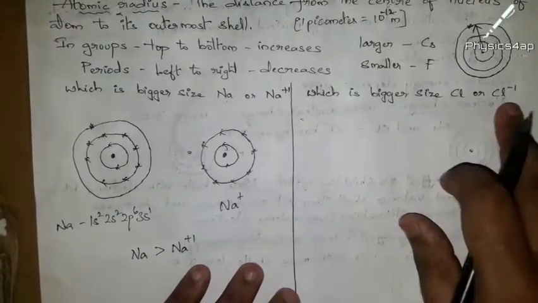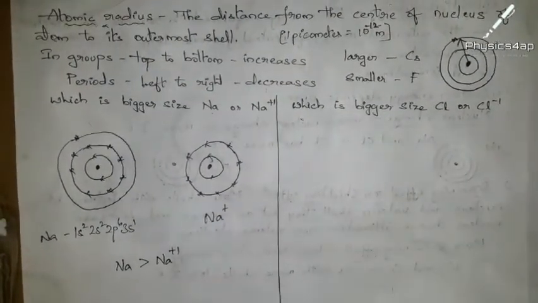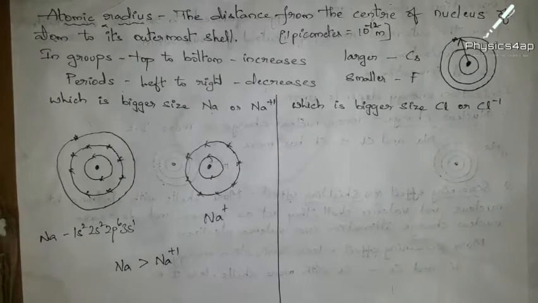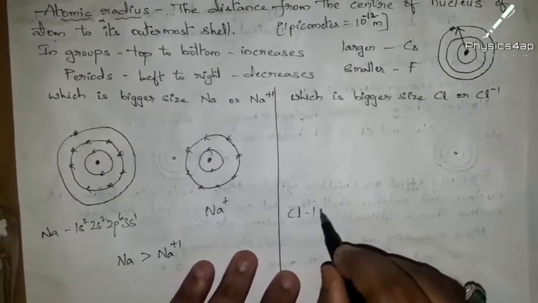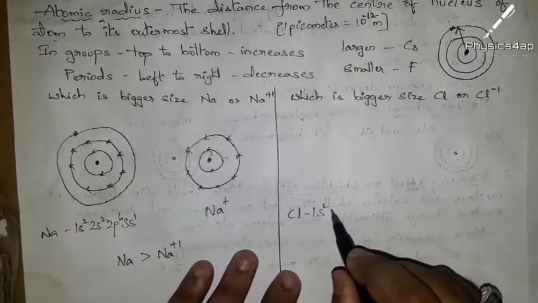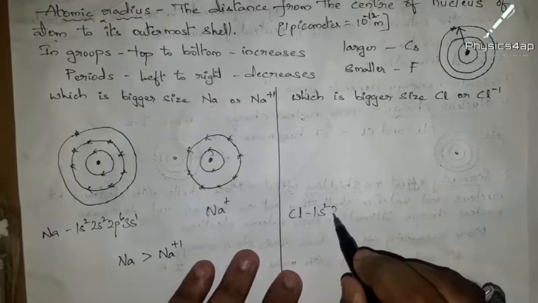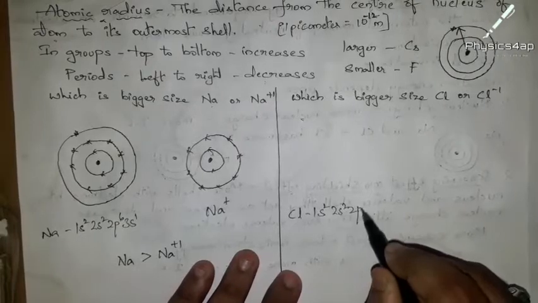Now next, coming to the negative ion, the anion, that is Cl and Cl-1. So which one is bigger, that we need to see here. Let us take chlorine, the electronic configuration: 1s2, 2s2, 2p6, 3s2, 3p5.